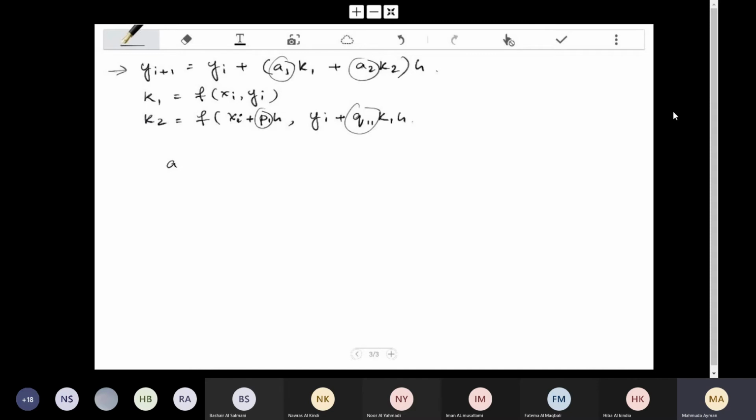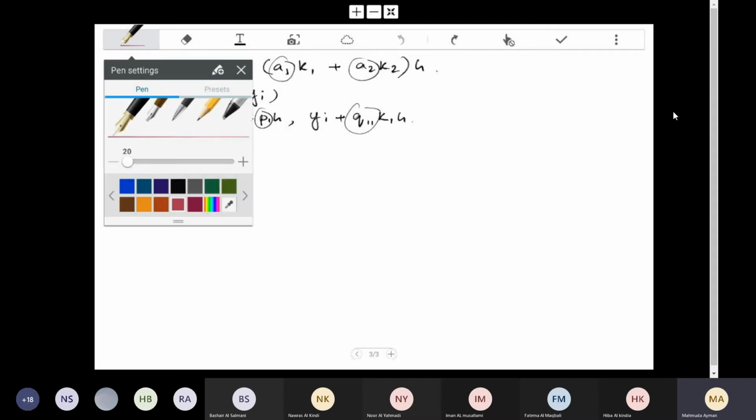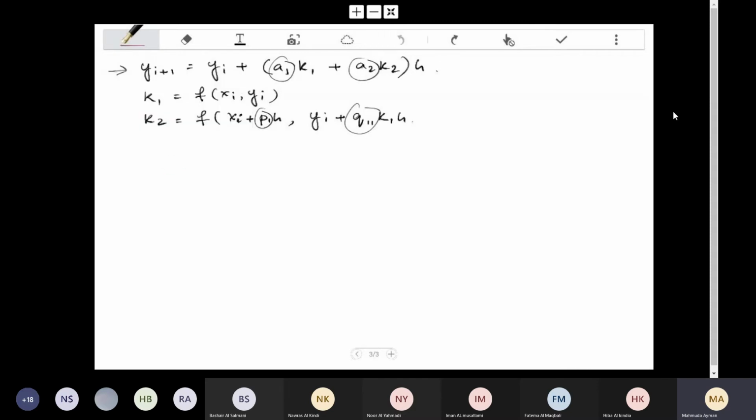The three equations that they got by equating those two were a1 plus a2 is equal to 1, a2 times p1 is equal to half, and a2 times q11 is equal to half.